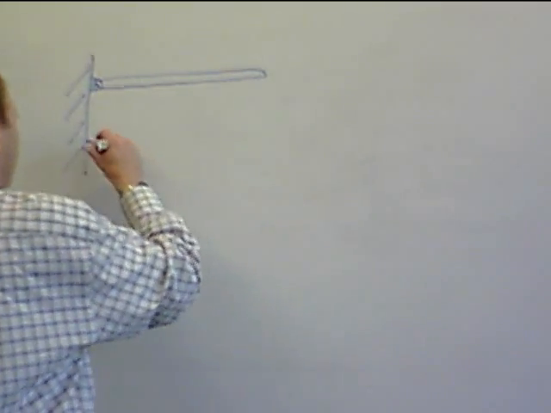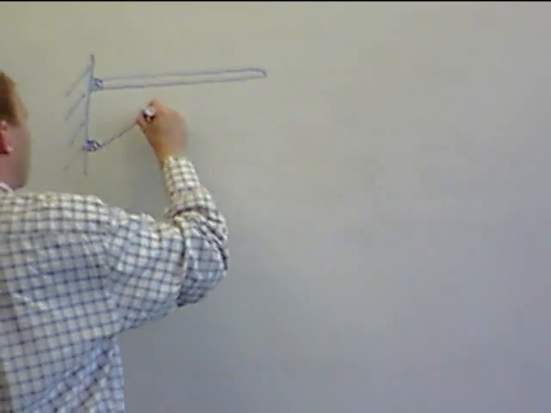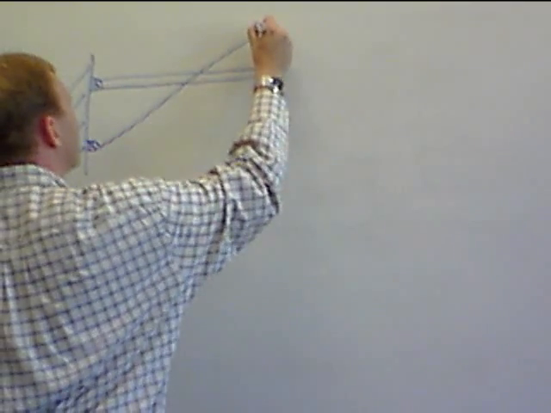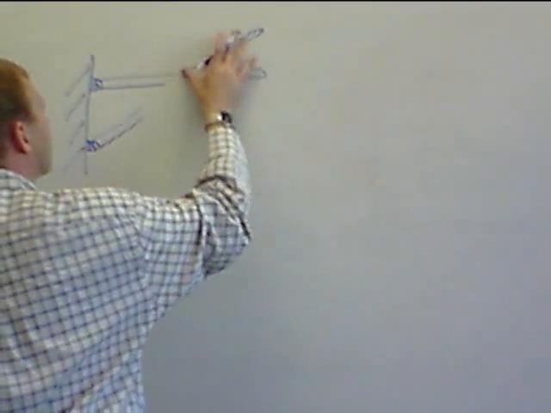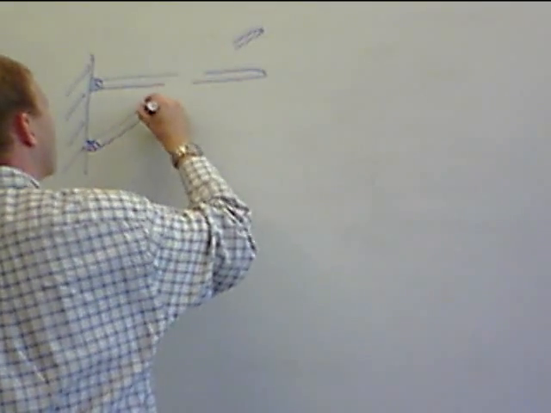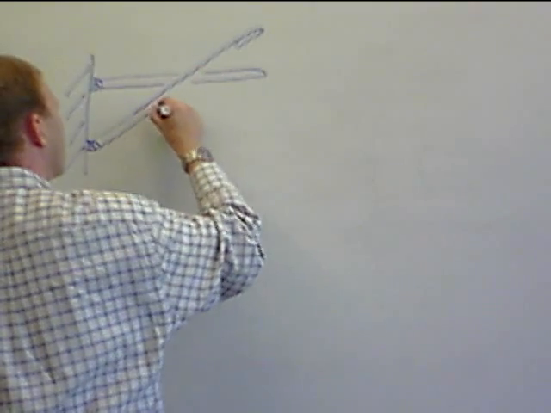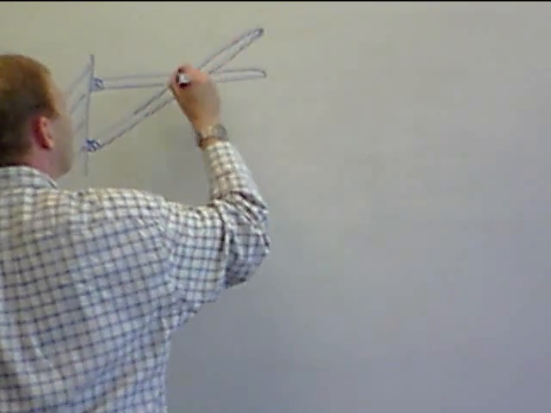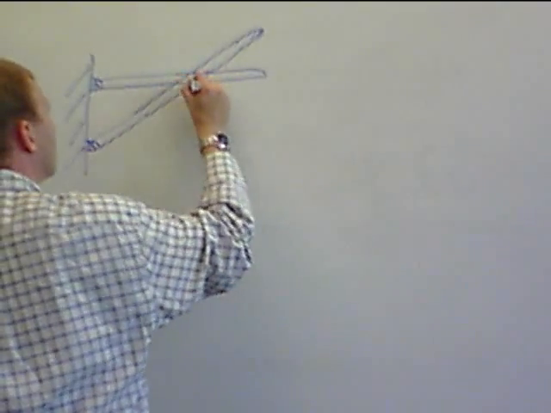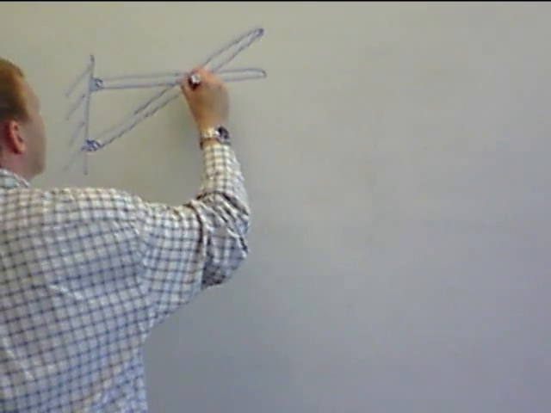This one we're going to have a beam that goes up to here. I'm going to draw that a little straighter. All right, we're going to have a pin joint connecting the two.